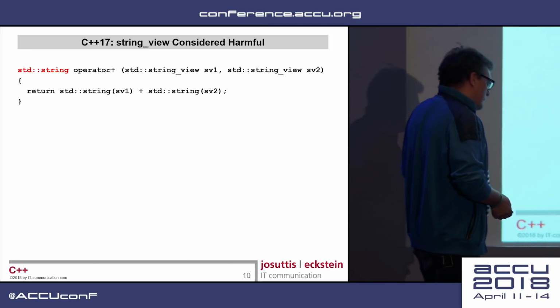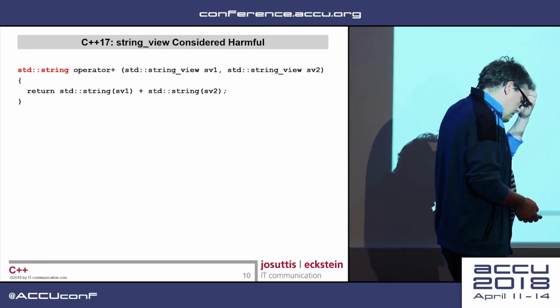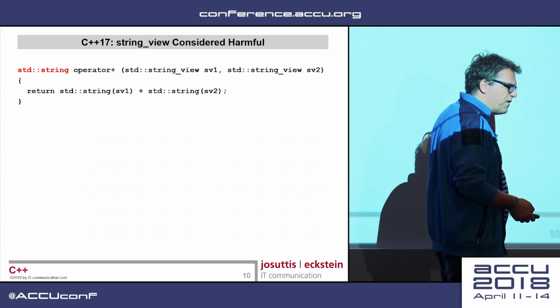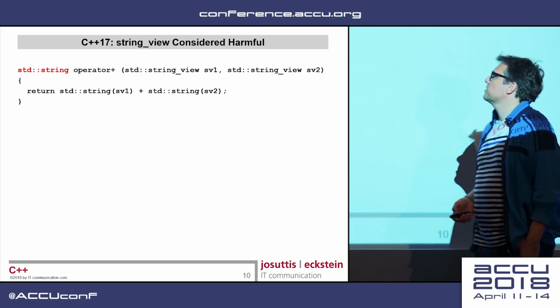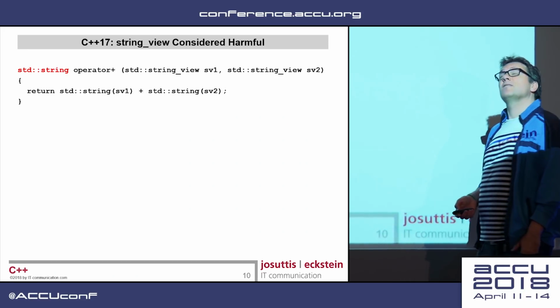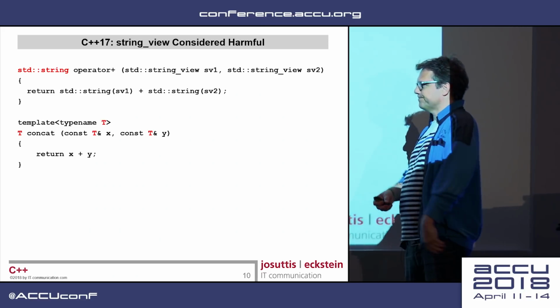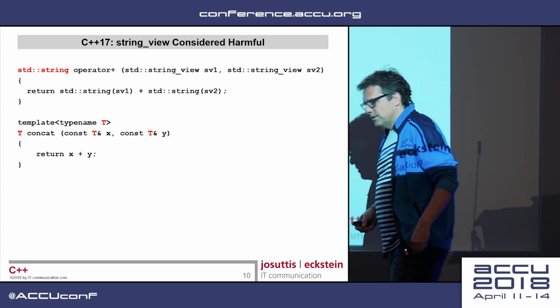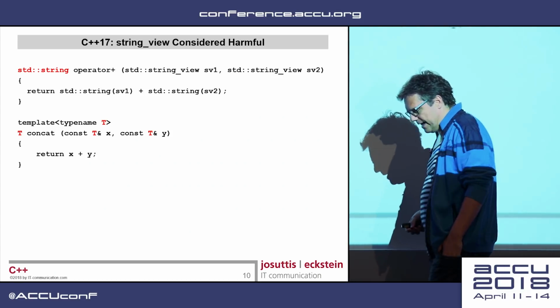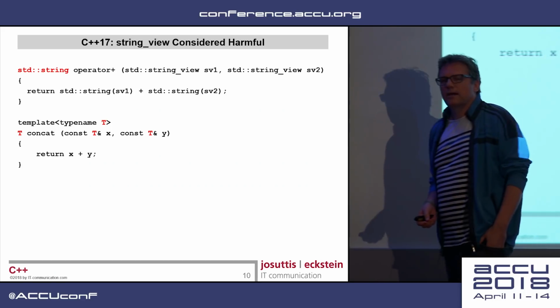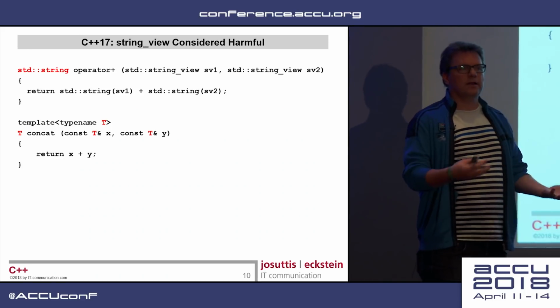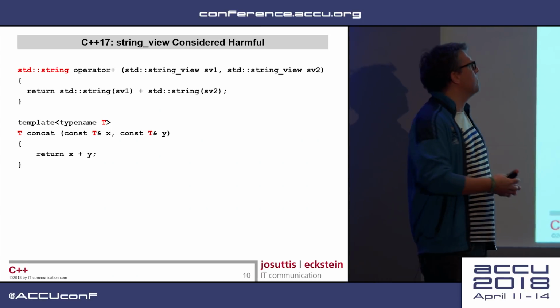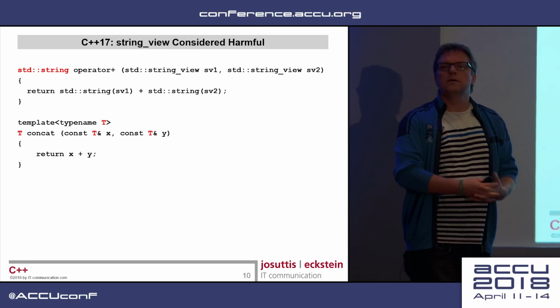Okay, now let's use a code base where this is defined and use another nice function we have. We have written a very simple template. The template is named concat. It takes two arguments of type T and adds or concatenates them. You can replace the name by sum or something like that.